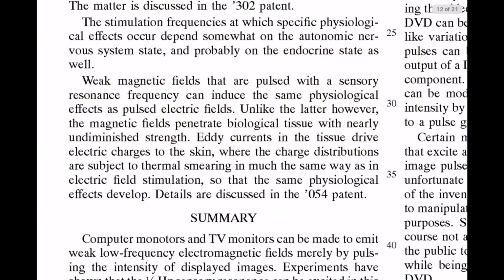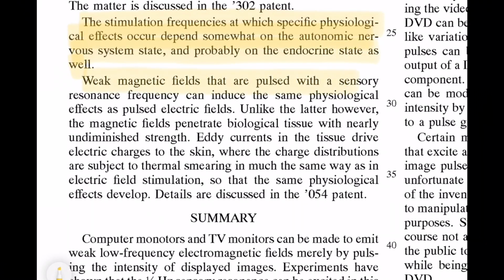And going to the next page, here at the top, it says, the stimulation frequencies at which specific physiological effects occur depend somewhat on the autonomic nervous system state and probably on the endocrine state as well.